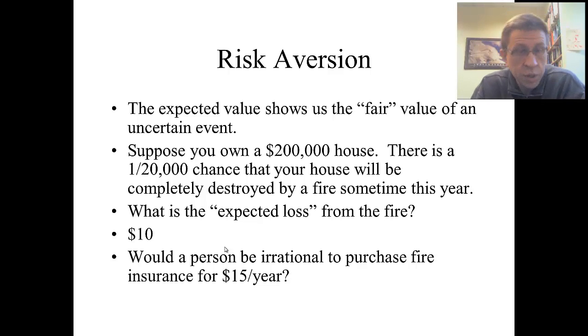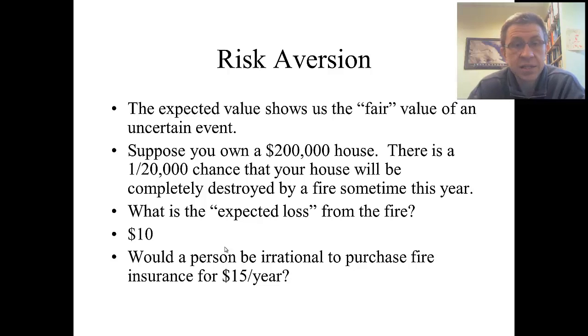So the question then, would a person be irrational to purchase fire insurance for $15 per year? Right? That's paying more than the expected value of the loss. So would a person be irrational? Absolutely not. Right? $15 goes unnoticed by many people.